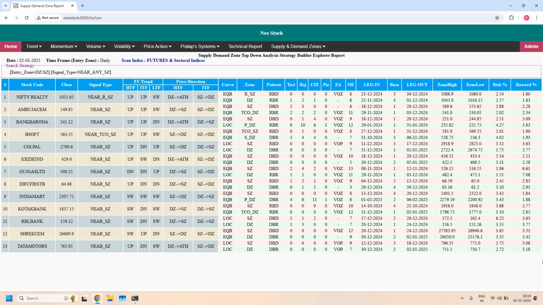Let us identify high liquidity supply zones from this list. First one is NIFTY Realty. It is not listed in F&O. We don't have any high liquidity daily supply zones from this list.